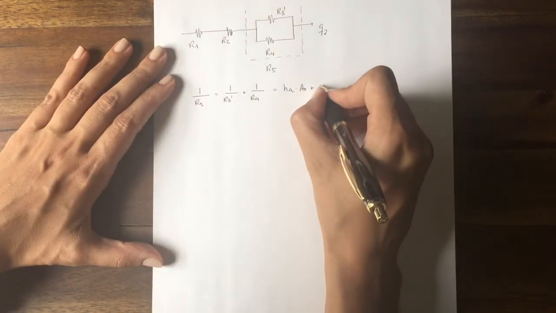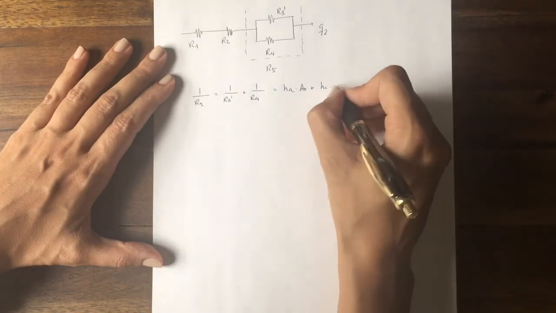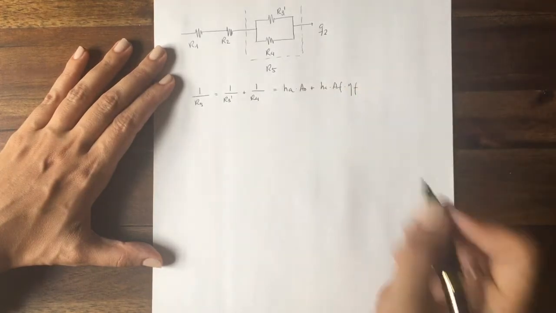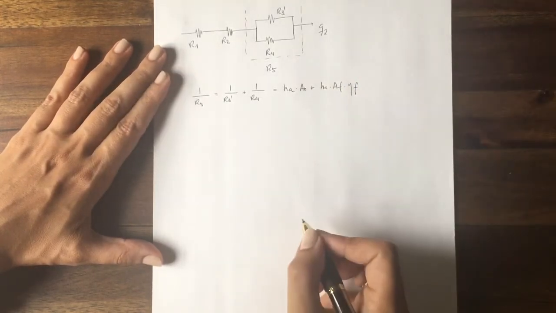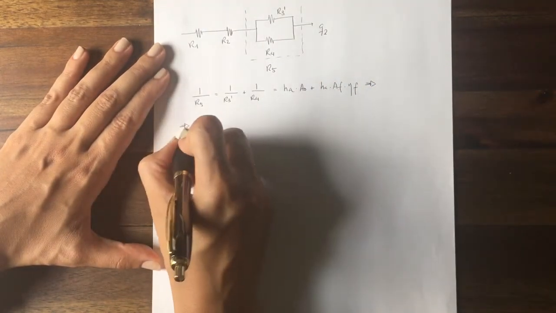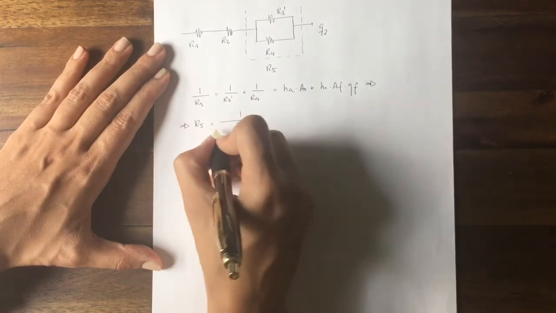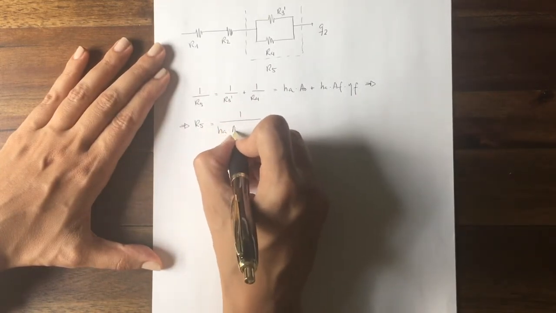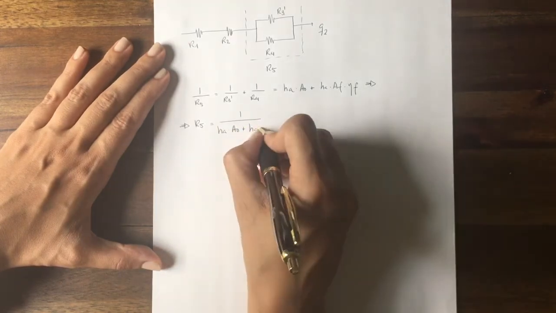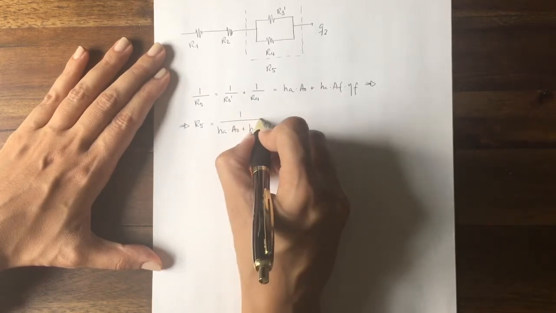This is equal to h in the air side times the area of the fin times the efficiency of the fin. Therefore, R5 is equal to 1 over h_a times A sub 0 plus h_a times the area of the fin times the efficiency of the fin.